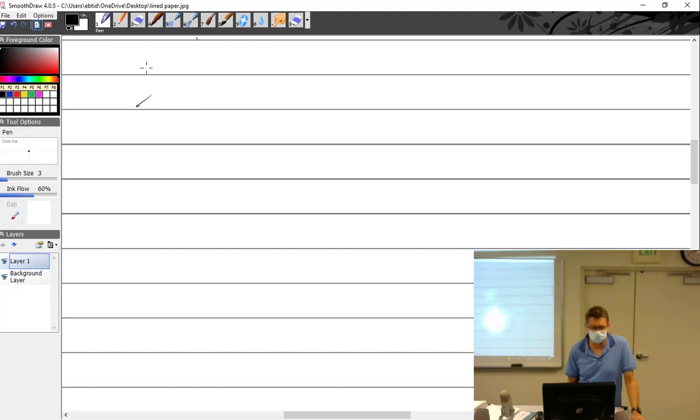So I have two resistors. I figured out I need to start writing these smaller and making this bigger.